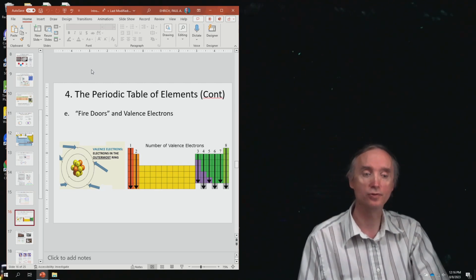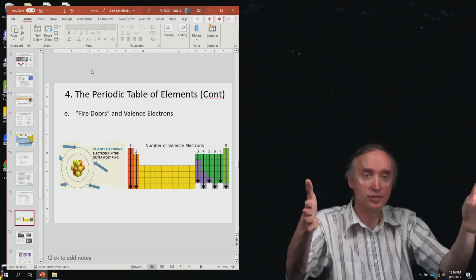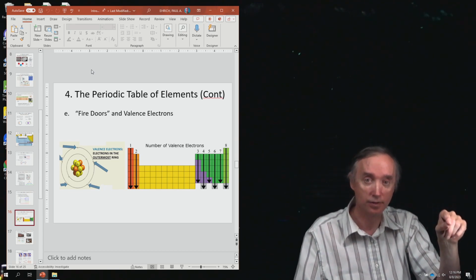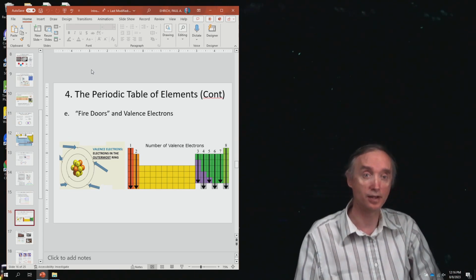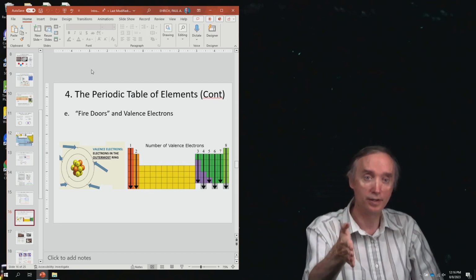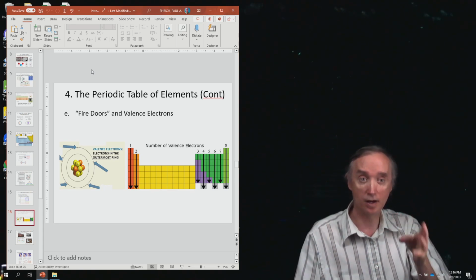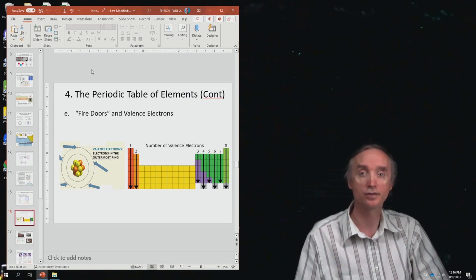Okay, the closer you get to the edges of the periodic table without getting to the number 8, the more reactive the chemical is going to be. So anything in column 1 is highly reactive because it only has to give away one electron. The ones in column 2 are also pretty reactive, but not as reactive as column number 1.